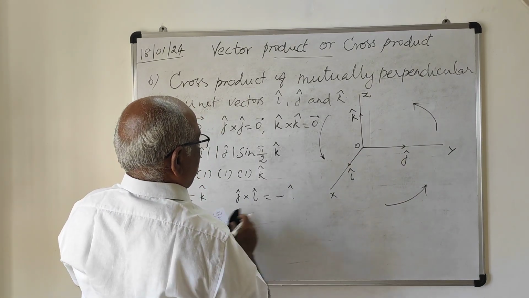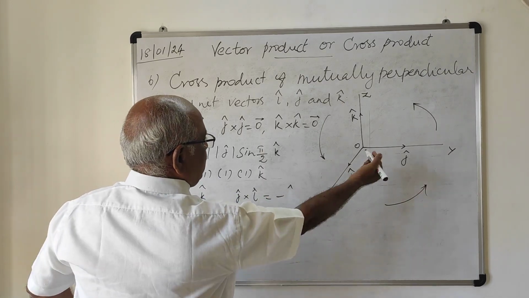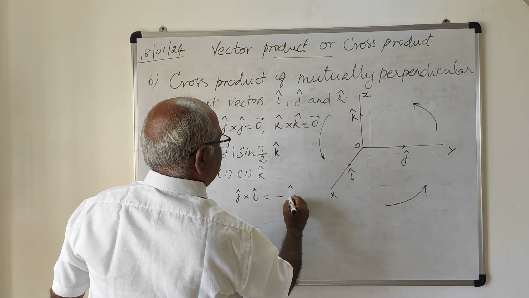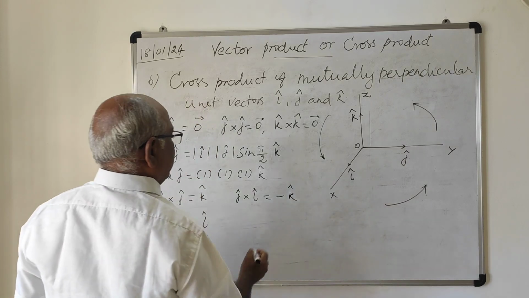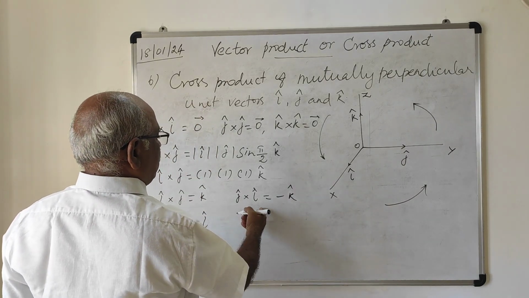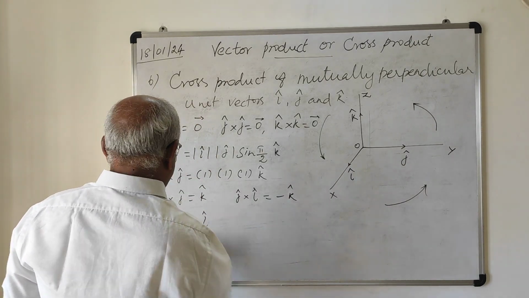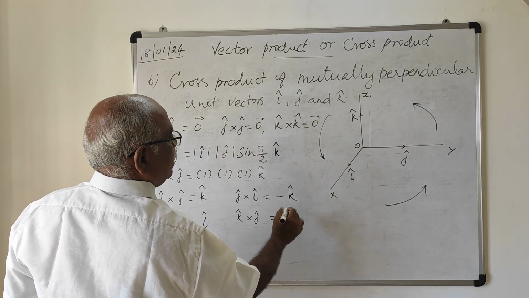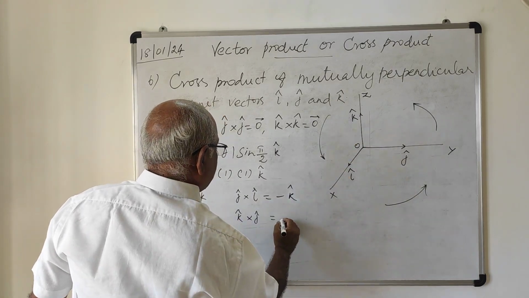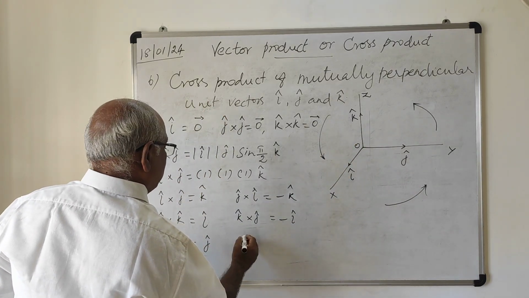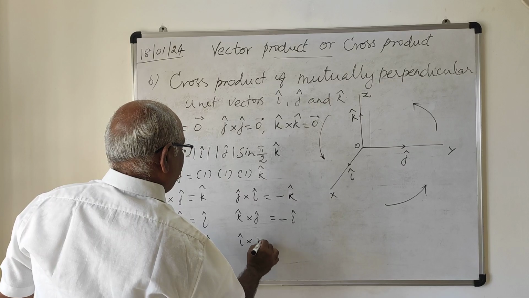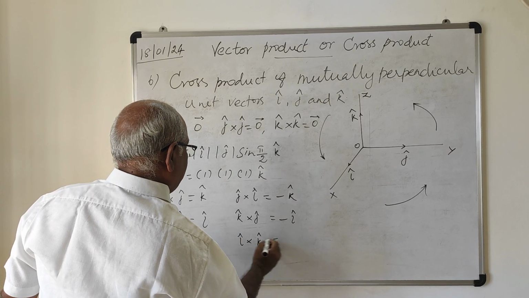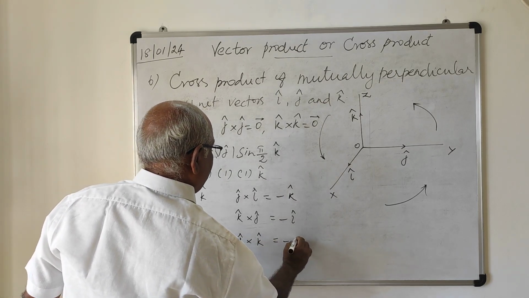N cap, I told you, plus n cap, minus n cap. Opposite, minus k cap. j cross i is minus k. Similarly, k cross j is minus i cap. And i cross k is minus j.